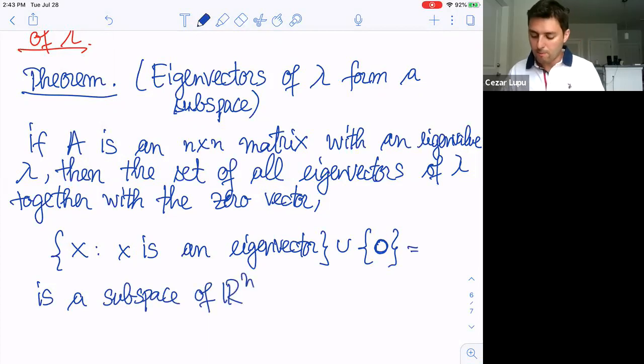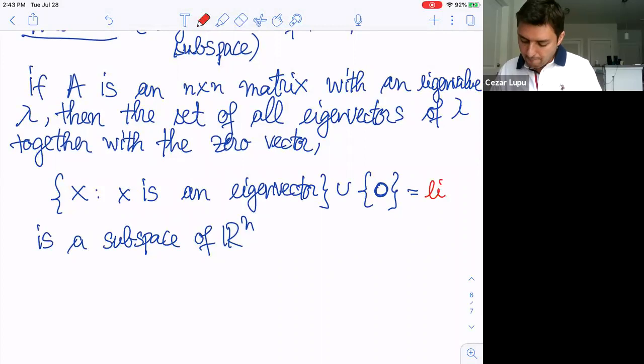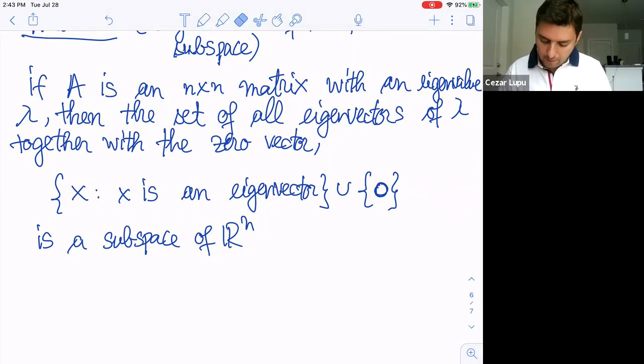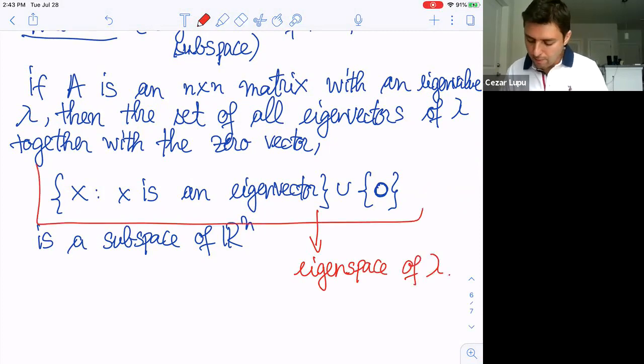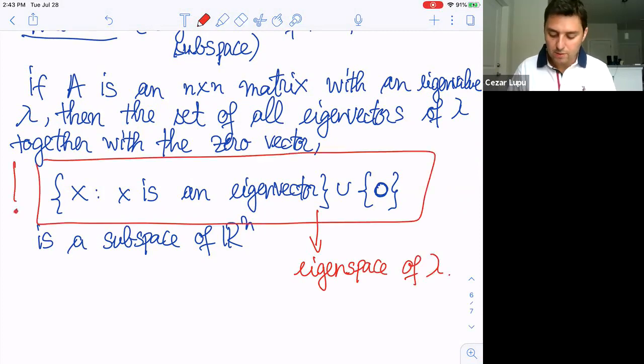And this is what we call the eigenspace of lambda. Okay, let me write it here. This set right here, right? So I'm considering the set of all eigenvectors, and I'm just reuniting with the zero vector. Yes, exactly. Yes, Kobe, yeah.